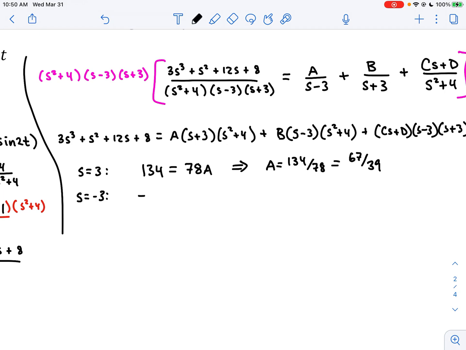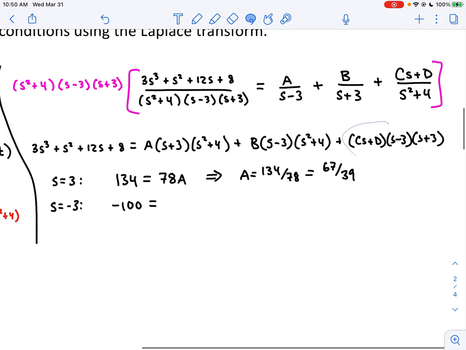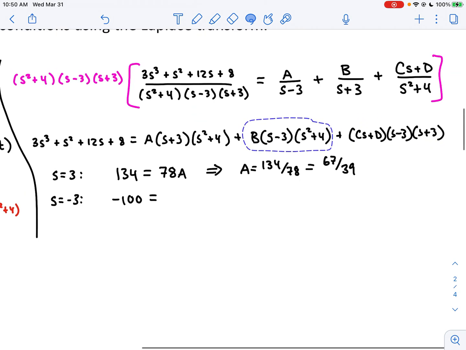So that takes us to negative 100. And plugging in negative 3 is going to zero out the a term, and zero out the c's and the d's. Those will all go away. So just this term here will be left. And plugging in negative 3 squared plus 9, that's 13 times negative 6. So we get negative 78a this time. And not a, but b, negative 78b.